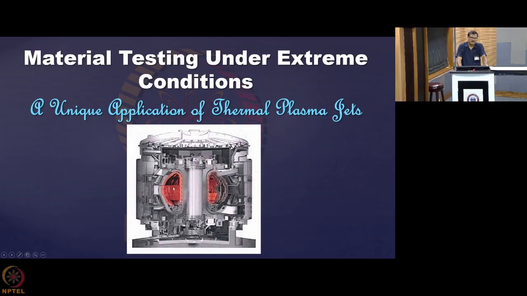But this plasma is prone to instabilities, and it may happen that the first wall material or the material in the divertor region gets exposed to unexpected heat flux or particle flux. Then what will happen to the material used for the construction of this enclosure?